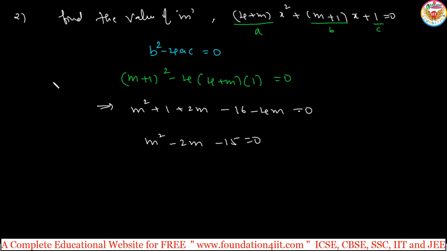By solving this, we know how to solve quadratic equations. We will see the factorization method, by splitting we can find the value of m. So m is equal to 5 or m is equal to minus 3. I will show the factorization also.